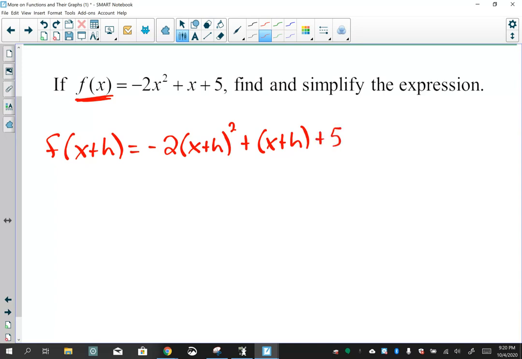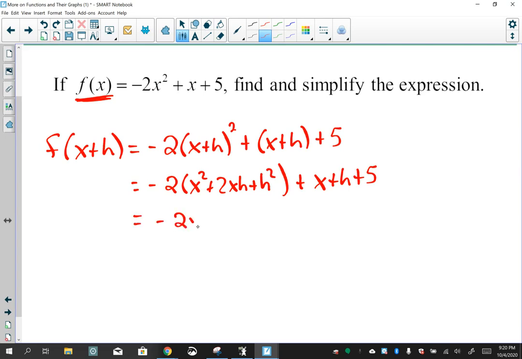Okay. So that's the first step that we're going to do. Now we're going to clean this up. So it gives me -2 times x squared plus 2xh plus h squared, and then plus x plus h plus 5. I'm going to keep cleaning this up so I can't do this no more.